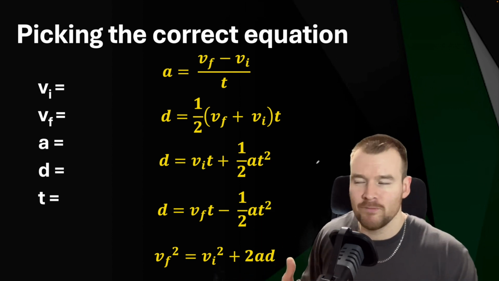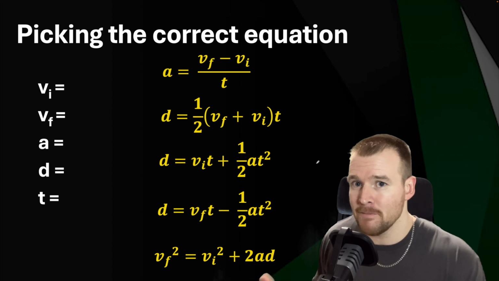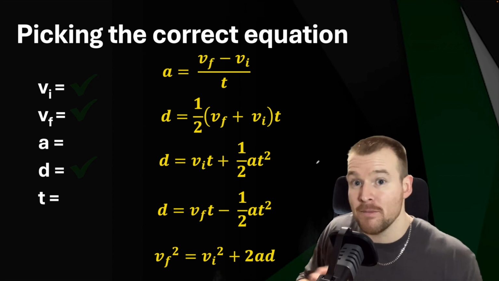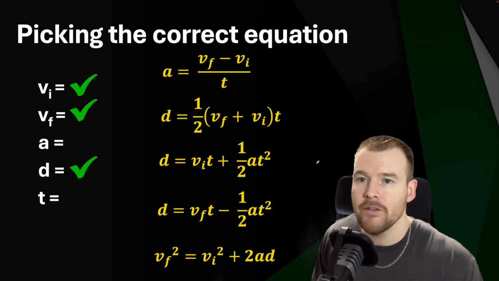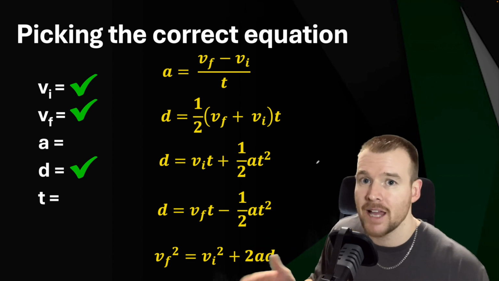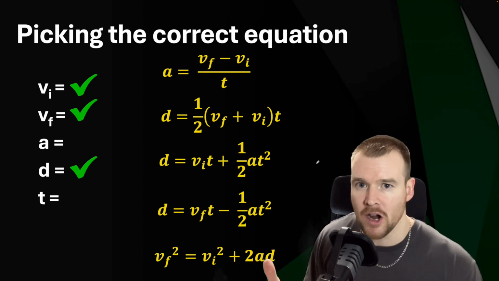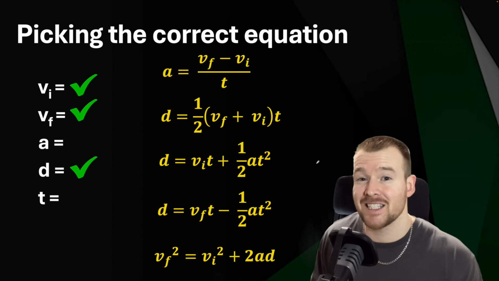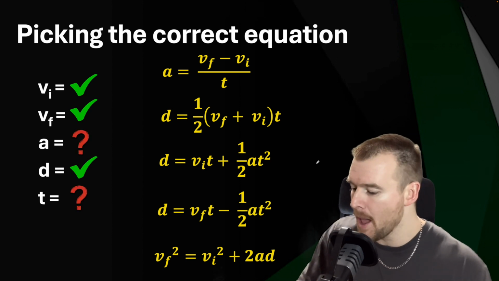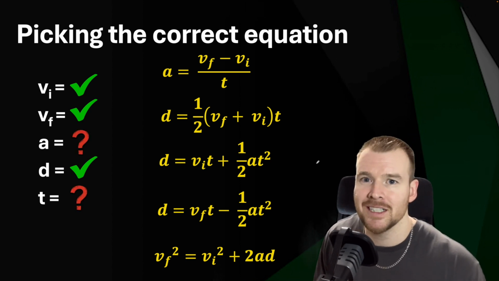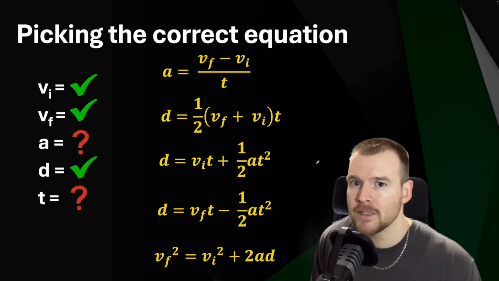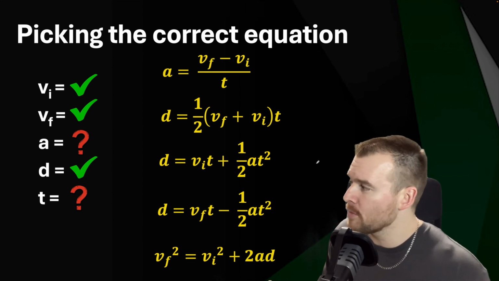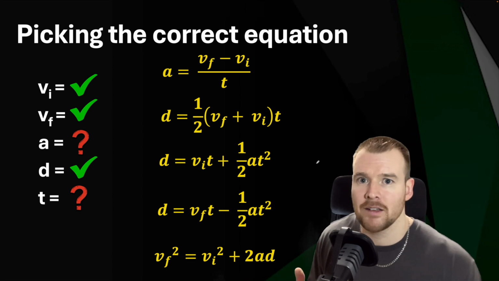So how we're going to pick, for any question, we're going to have some pieces of information here and be missing other parts. So let's say that we have vi, vf, and d. The question tells us those 3 variables. It's really common for us to have information about 3 of them, but we're missing 2. There's 2 that we don't know anything about. Okay. So what we're going to do from here is, well, the question's only going to be asking for 1.